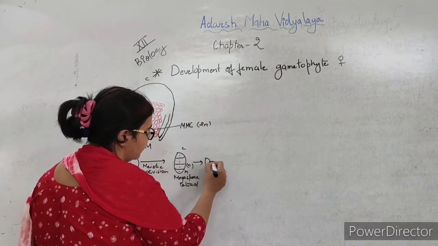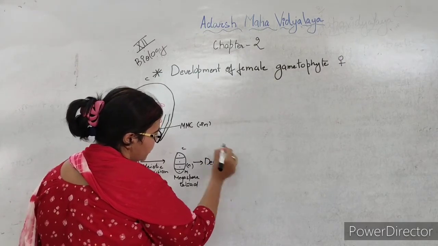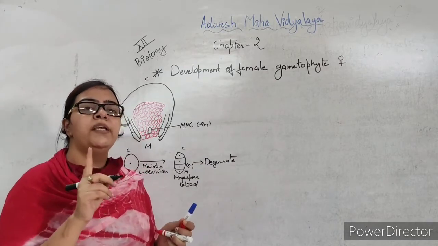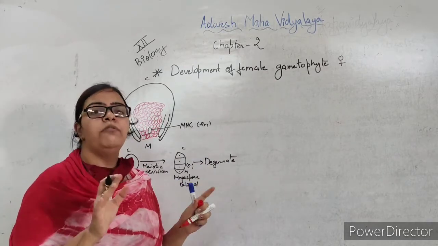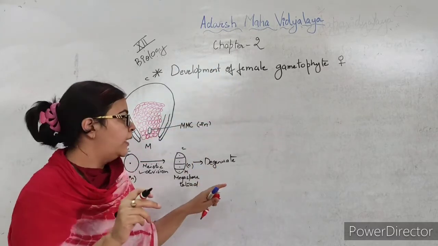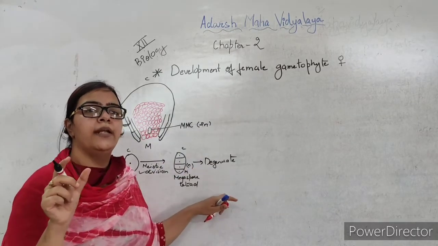Now the 3 megaspores will move towards the chalazal end and they will degenerate. Only 1 megaspore will be functional. The whole female gametophyte will be formed from 1 megaspore, hence it is also called monosporic development.